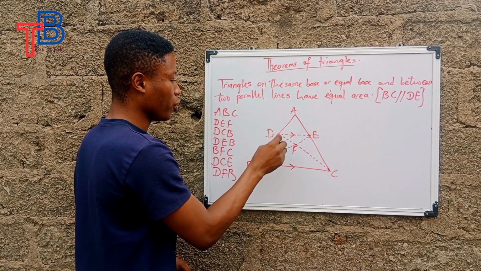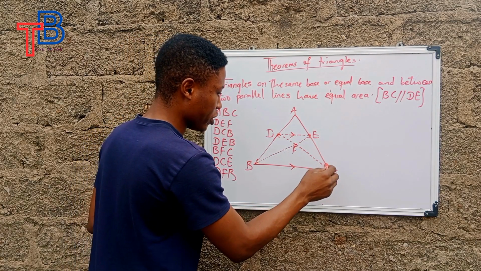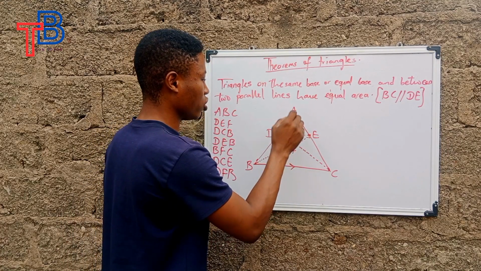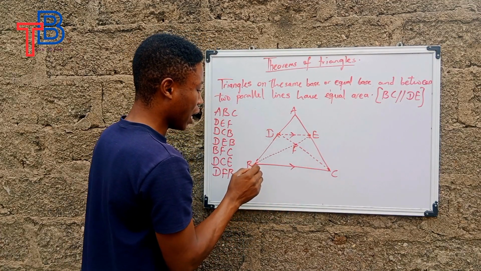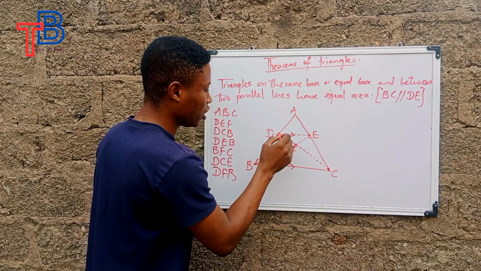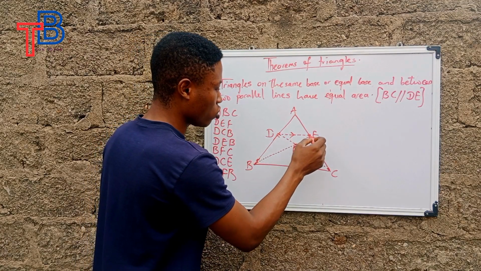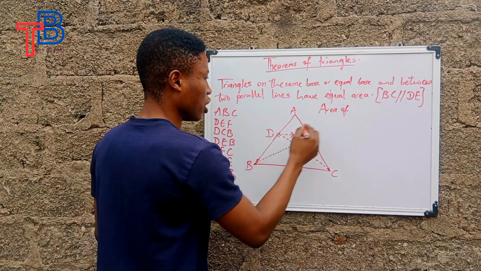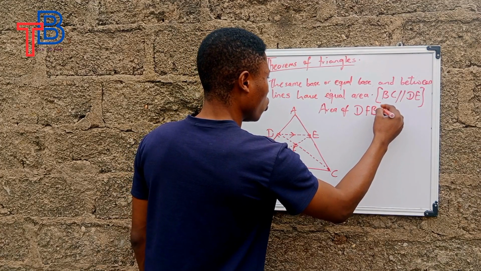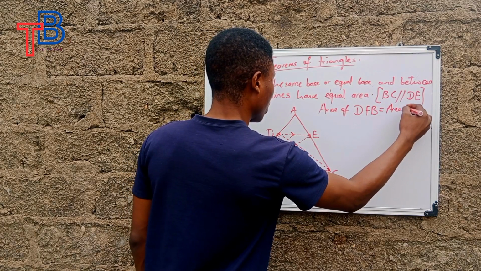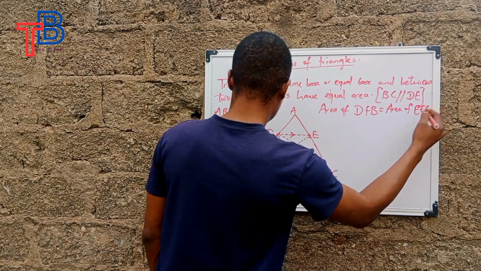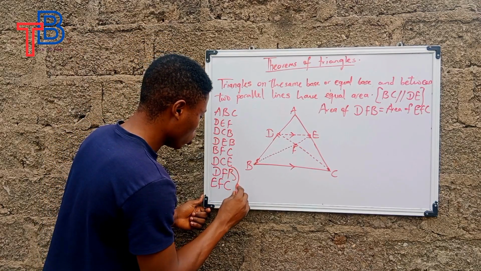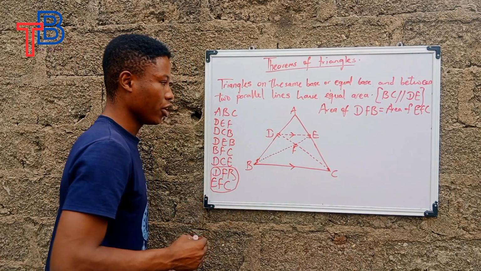And from this triangle, we know that this base and this base are equal to each other because this parallel line bisected this triangle at the same point, and also they have the same base here. Therefore, the base of this triangle here is equal to the base of the triangle here. We can say the area of triangle DFB will be equal to the area of triangle EFC. Let me add EFC here. Therefore, these two, we can say they have equal area.